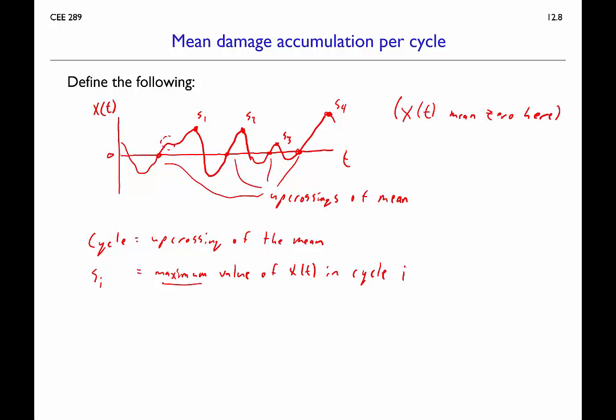So for instance, here I've got this small maximum, so I'm going to ignore that one. That's neither a cycle nor a maximum stress that we're going to count in our calculations. The reason for doing it this way is that this is pretty simple, and it actually works out pretty well empirically.